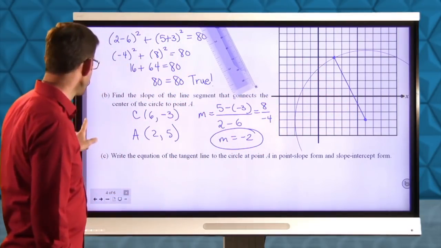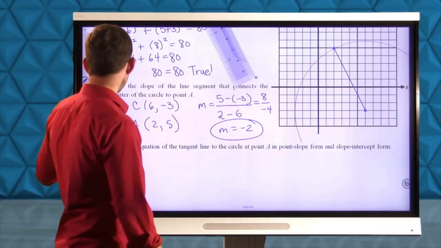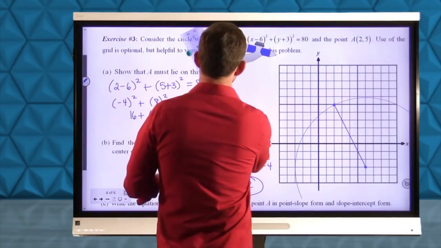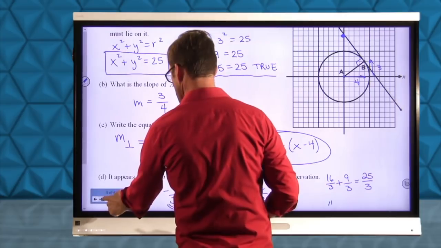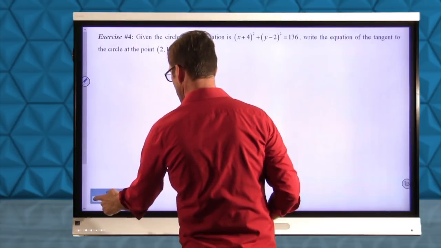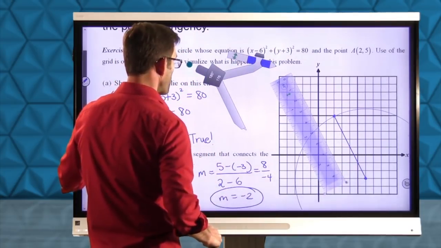Okay? Now letter C asks us to write the equation of the tangent to the circle at point A in both point-slope form and slope-intercept form. Now again, we can really visualize what this is going to look like. Whoa, I just fast-forwarded through a bunch of stuff. Here we go. Back to slide 4.